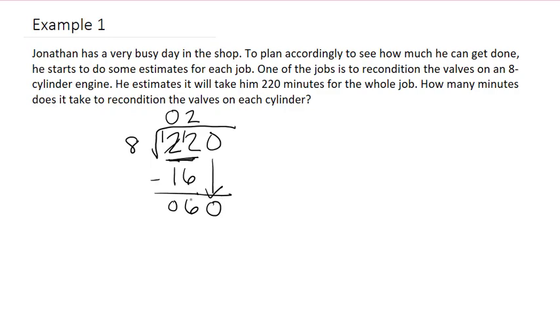And then we ask, 8 can go into 60 how many times? 8 can go into it 7 times, because 8 times 7 is 56. So it's pretty close to 60. So now we go 60 minus 56, which, 0 minus 6 can't be done, so we need to borrow. 10 minus 6 is 4.